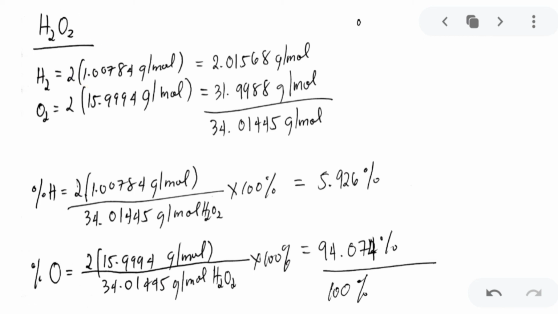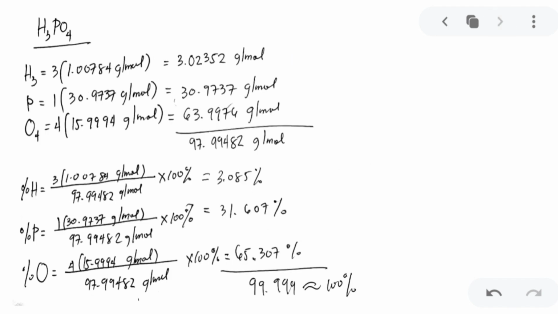Therefore, if you ask what is the percentage of hydrogen by mass in hydrogen peroxide, the answer is 5.926%. If you ask what is the percent distribution by mass of the oxygen in hydrogen peroxide, the answer is 94.074%. So that is the level of purity or the distribution.